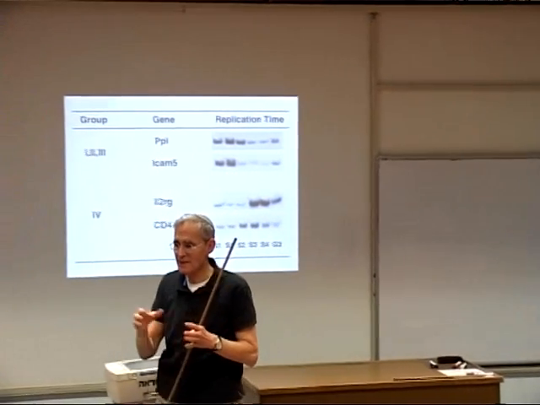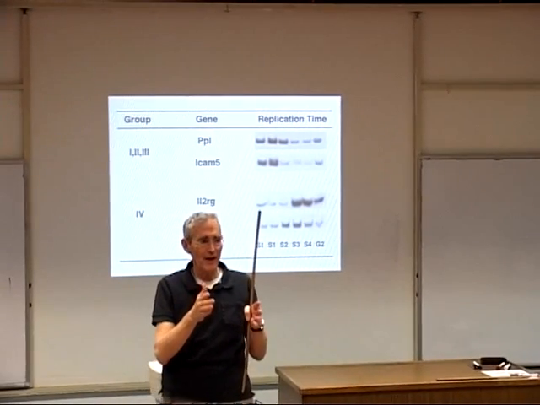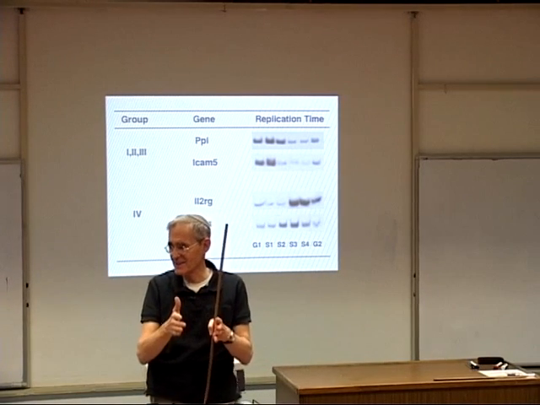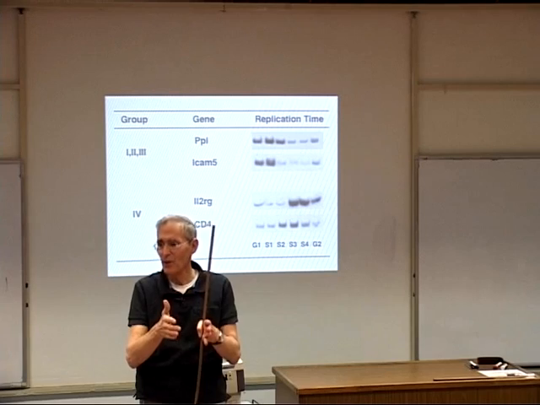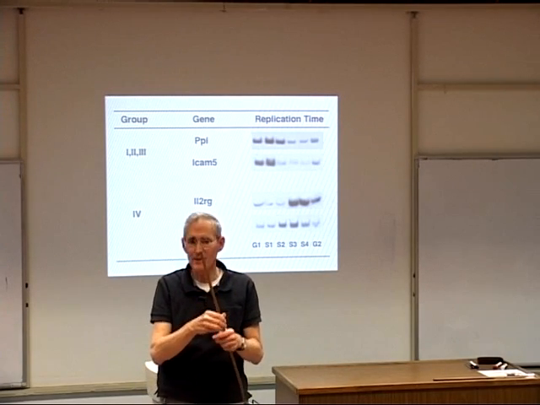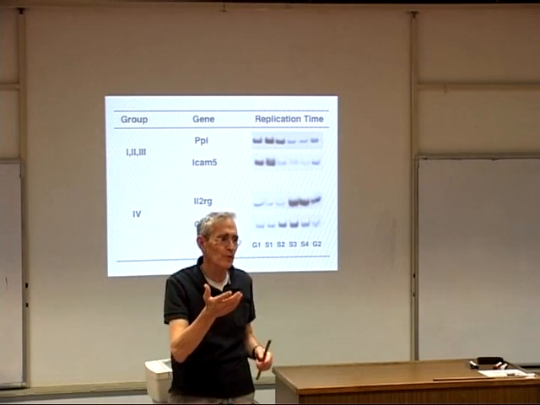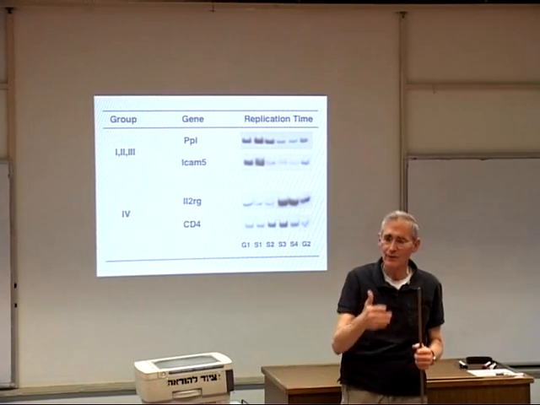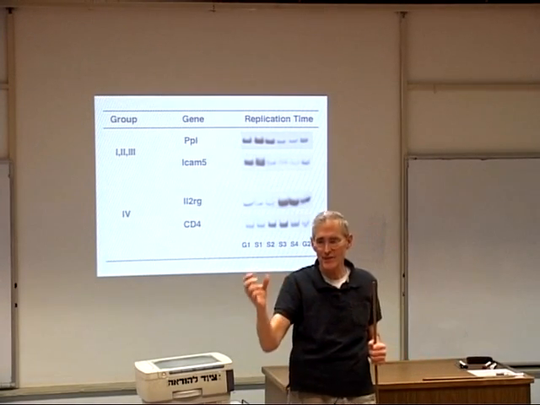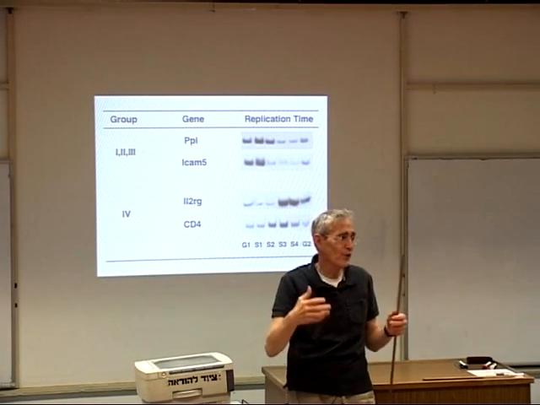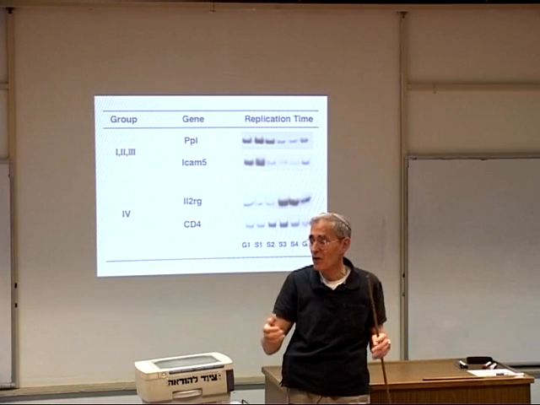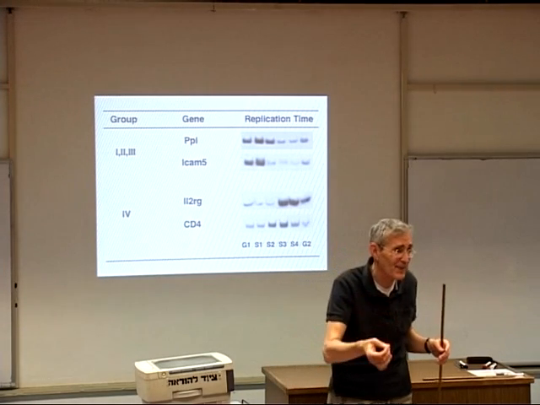You now take the cells and you divide them up into what stage of S they were in when they got the label. There are two approaches to doing this. There's a machine called an elutriator, which separates cells on the basis of size. Or you can do FACS. Again, separate cells on the basis of size or on the basis of the amount of DNA they have.